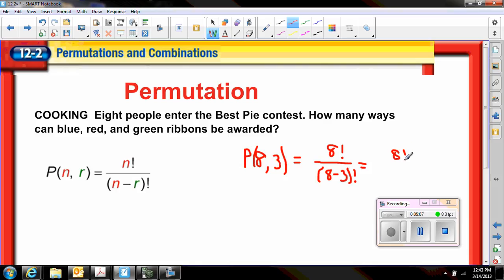So 8 factorial over 5 factorial is 8 times 7 times 6 times 5 times 4 times 3 times 2 times 1 all over 5 factorial, which is 5 times 4 times 3 times 2 times 1.